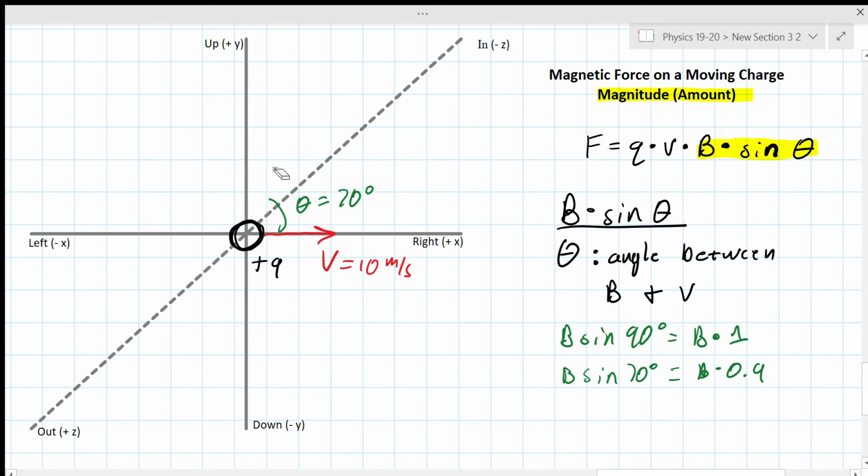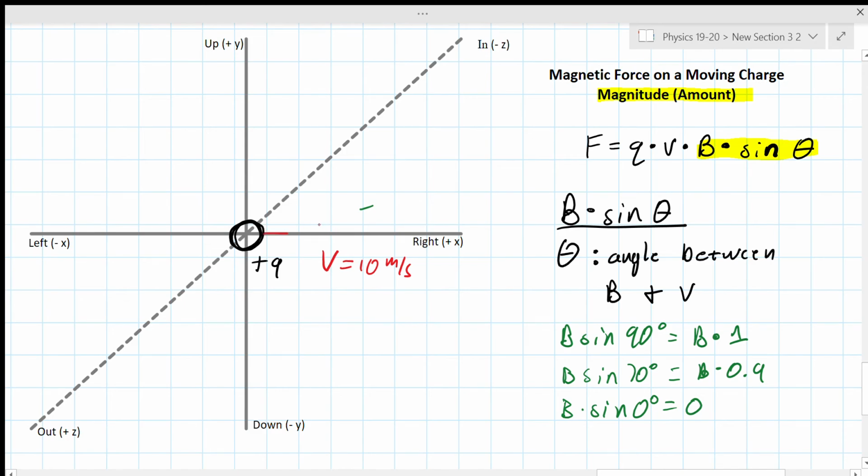Okay, and if B is parallel and the angle is 0, then the force will be 0. B times the sine of 0 degrees equals 0, and there'll be no force on the charge. Okay, so the overall point here is it doesn't matter what B is. What matters is what is the component of B that's actually perpendicular to the velocity.